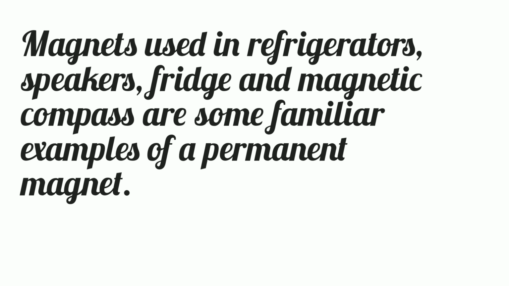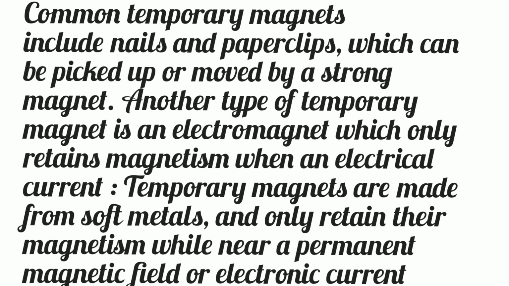Now let us come to the temporary magnets. Now, what are temporary magnets? Temporary magnets are made up of soft metals and only retain their magnetism while near a permanent magnet or electric current.